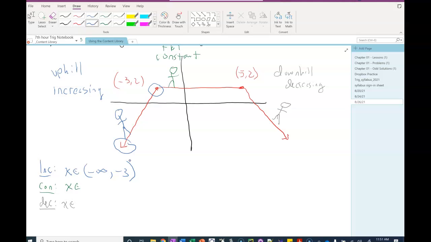It has to do with the technical definition of increasing, decreasing, constant, why none of them can be brackets. Basically, to show that something is increasing, you have to pick a point to the right and show that it's still uphill. If I look at that point (-3, 2) and pick a point to the right of it, it's not uphill anymore. That's why it gets a parenthesis. The endpoints can't be included.